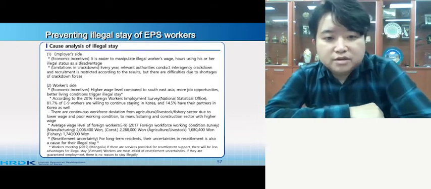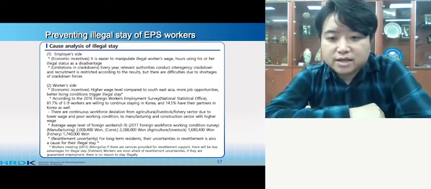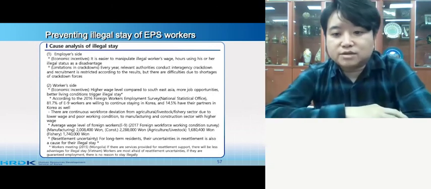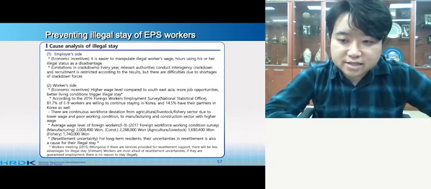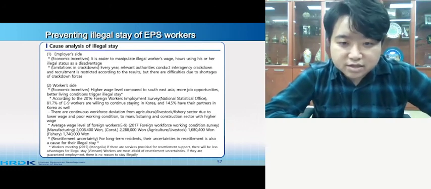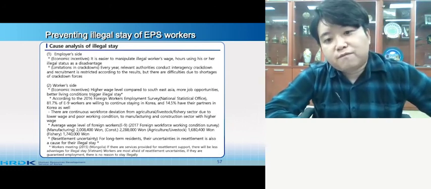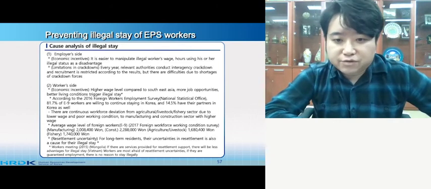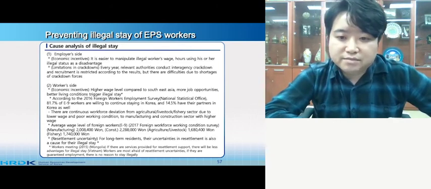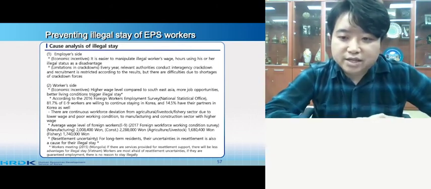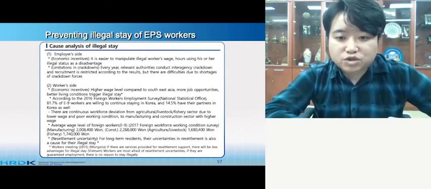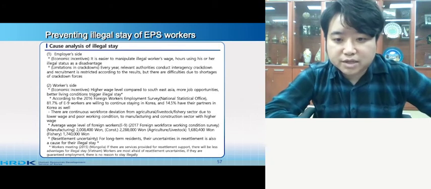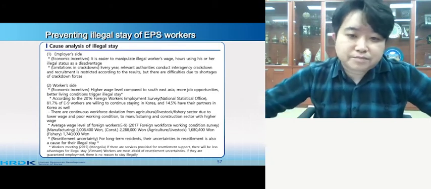So first, for employers, they can easily manipulate illegal workers' wages and hours, using their illegal status as a disadvantage. For workers' view, it's very simple. It's because they just want money. They get higher wages compared to their countries, and there are more job opportunities and a better living in Korea as well.